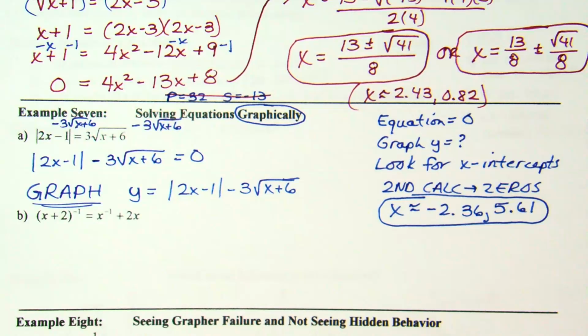Now, in a way, the next three are all the same thing. In that, get the equation equal to 0, and then graph it and look for x-intercepts.